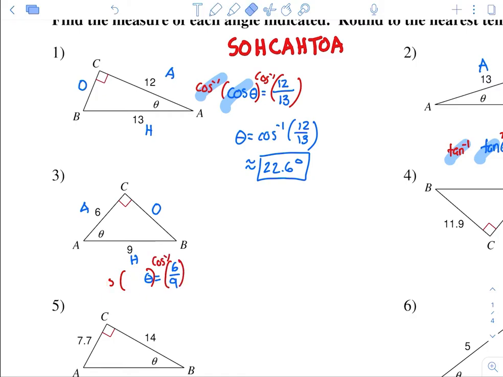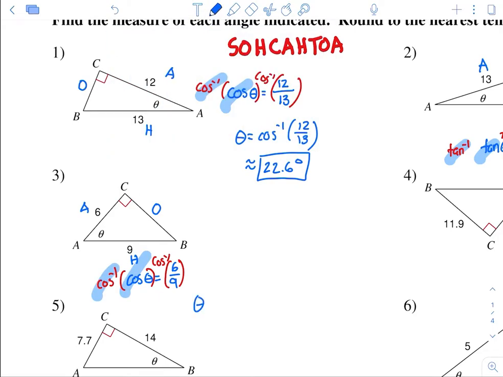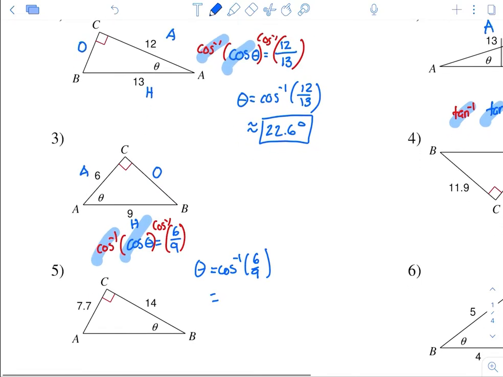These cancel, and we get theta is equal to cosine inverse of 6 over 9. Put that in your calculator or in Desmos as I showed you, and you should get about 48.2 degrees.